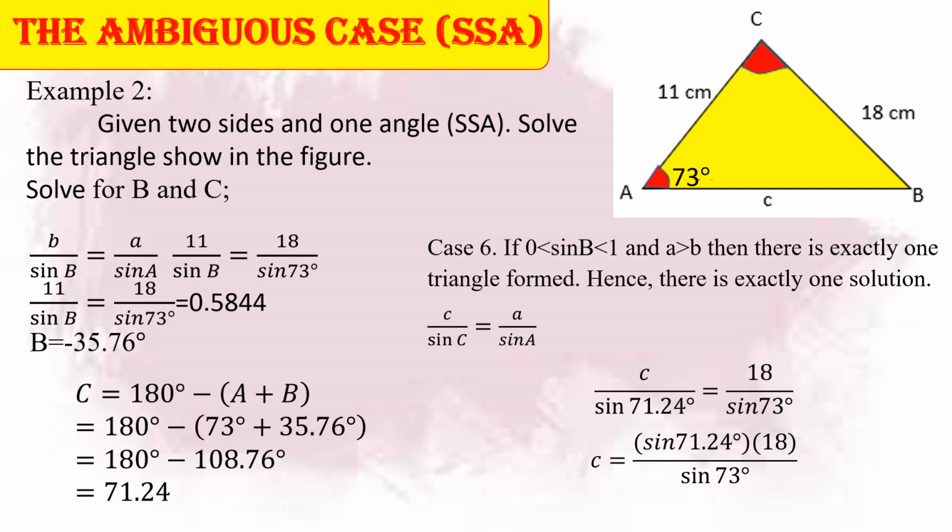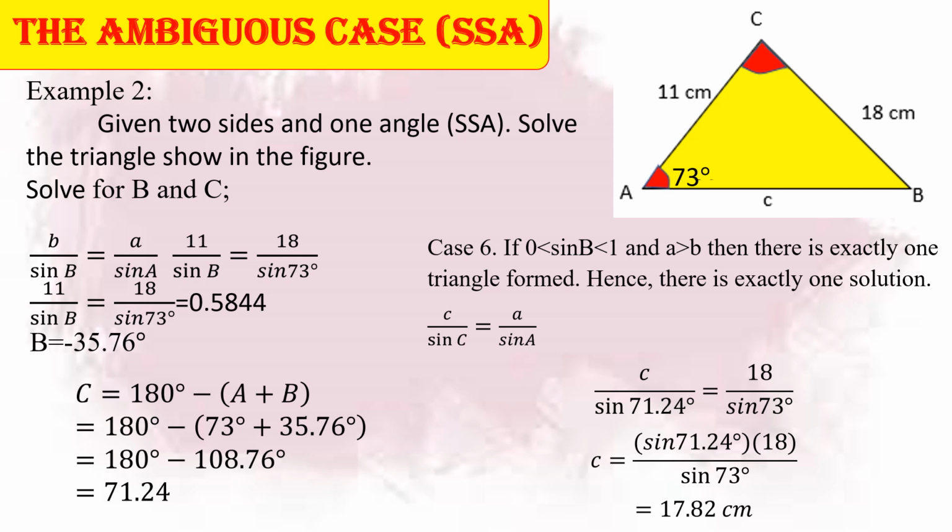Let me just recheck this one. Sine 71.24 times 18 over sine 73 is 17.822490302565.